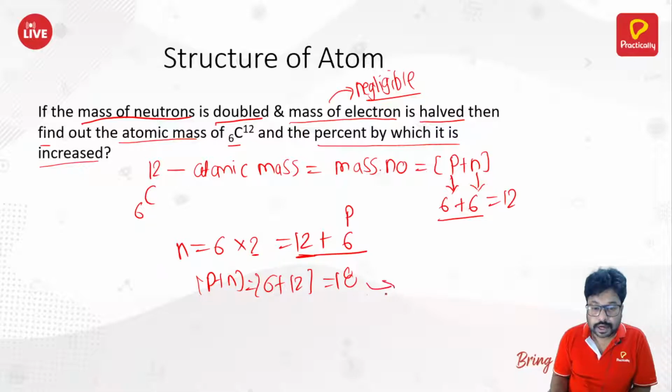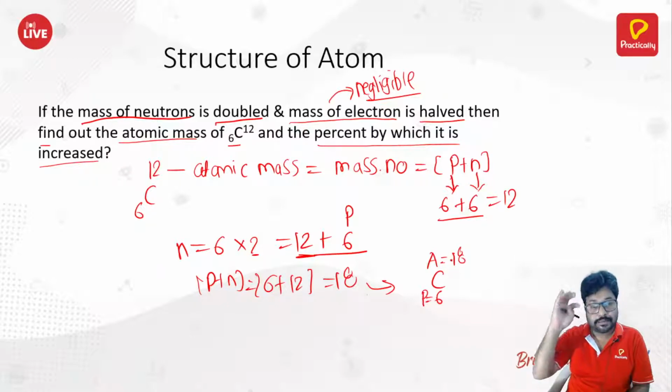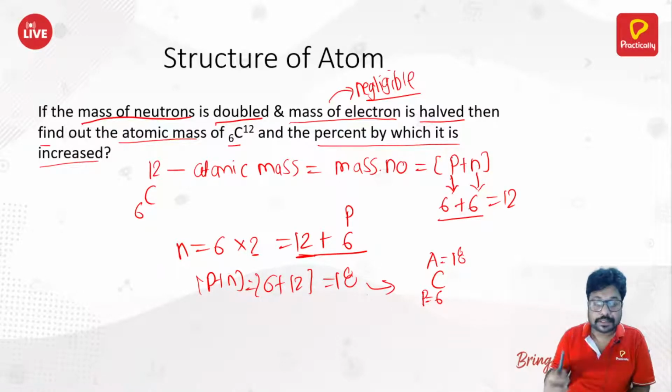So for the new carbon, number of protons is still 6, but the mass number is 18 now, because you have doubled the mass of neutron. Okay, now, what is the percent by which it increases?